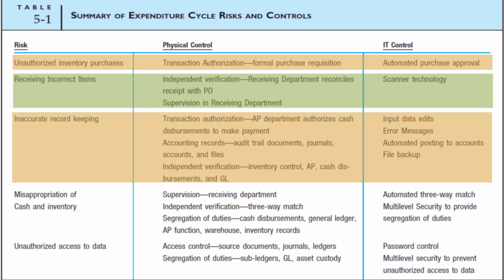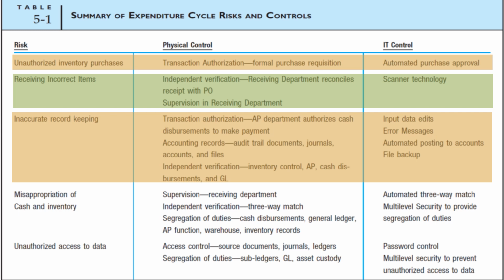The third risk is inaccurate record keeping. So the physical control is transaction authorization: the accounts payable department authorizes cash disbursement to make the payment.